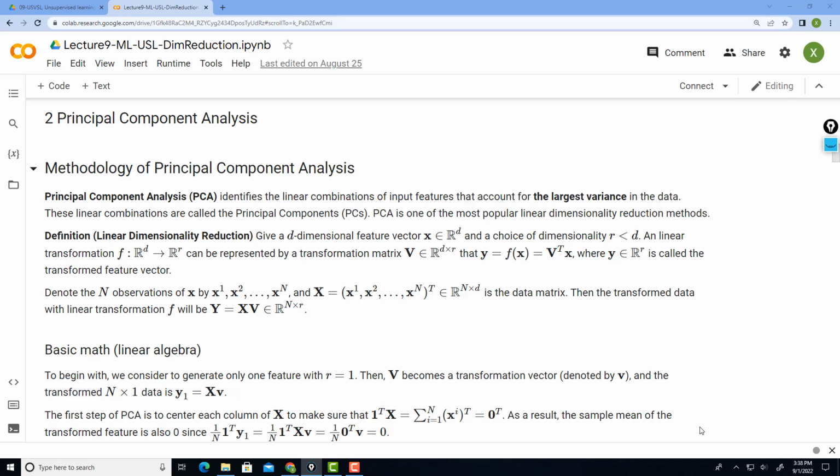And then again, like all the other machine learning algorithms, we need to somehow have a performance evaluation metric to measure whether those linear combinations are good or not. One way to explain principal component analysis is that after the linear projection to the subspace, we want to maintain the distribution of the data points in the original space.